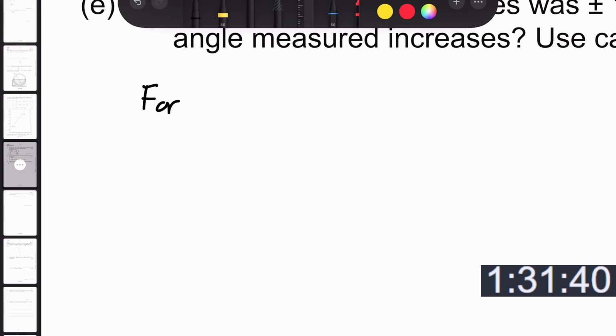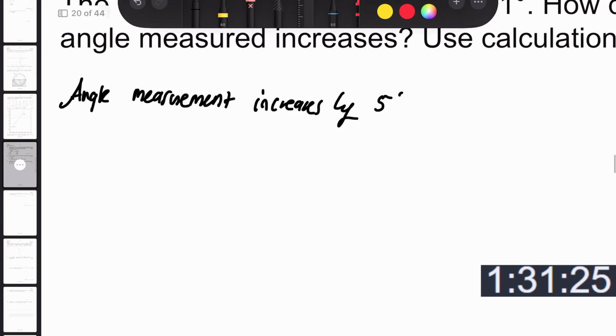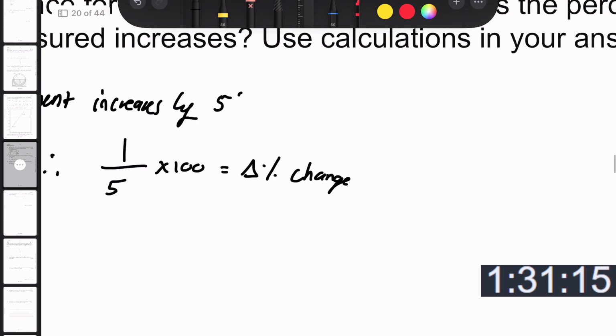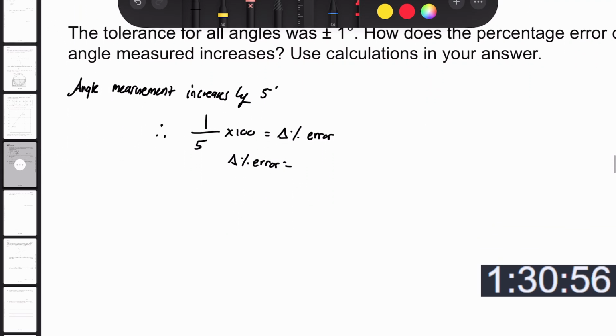So the angle measurement increases by 5 degrees, therefore the delta percent error is 1 on 5 times 100, 20% error, as the angle measured increases.